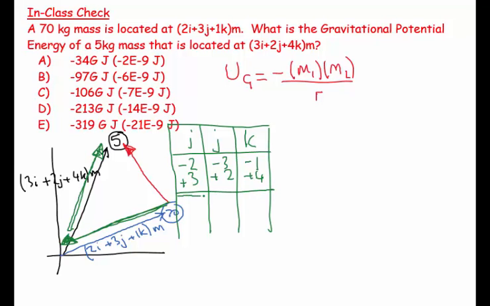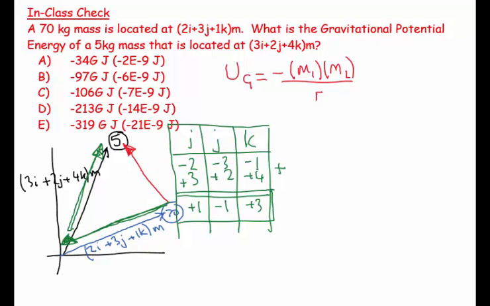So I need to add these things up because that's how you do vector addition. You add the two vectors up. So this would be plus 1i, that would be minus 1j, and it would be plus 3k. So there's my vector, the red vector.